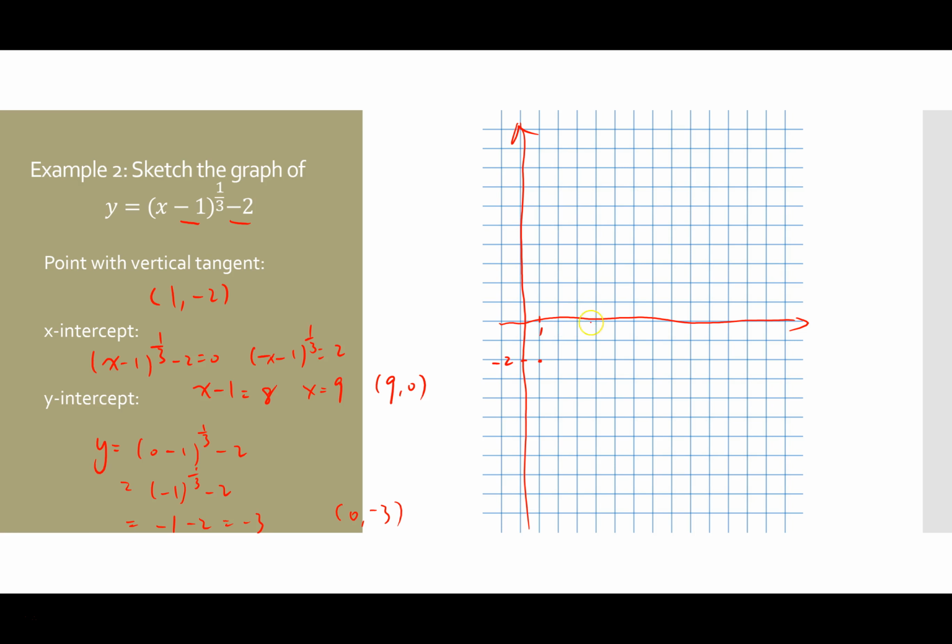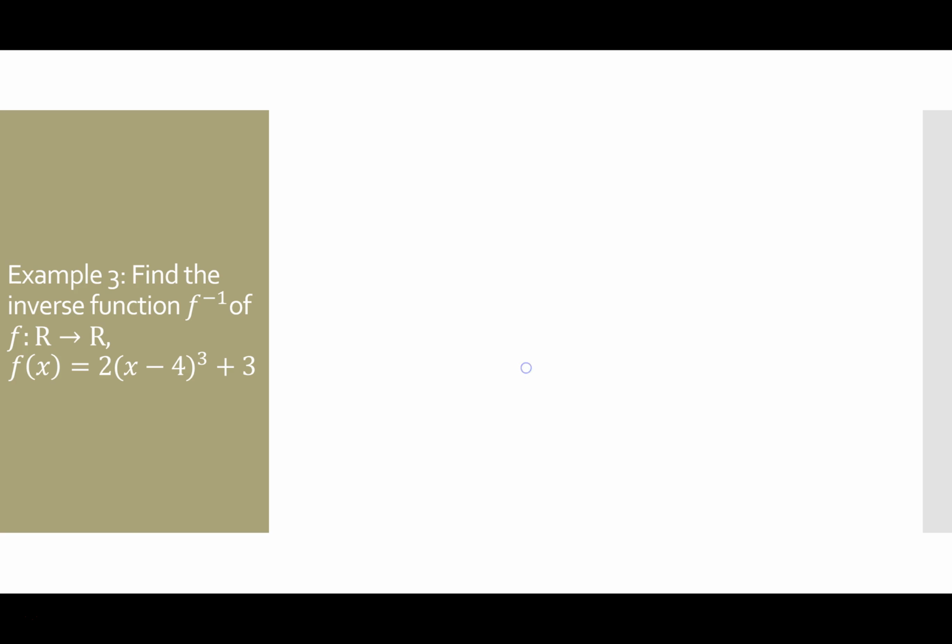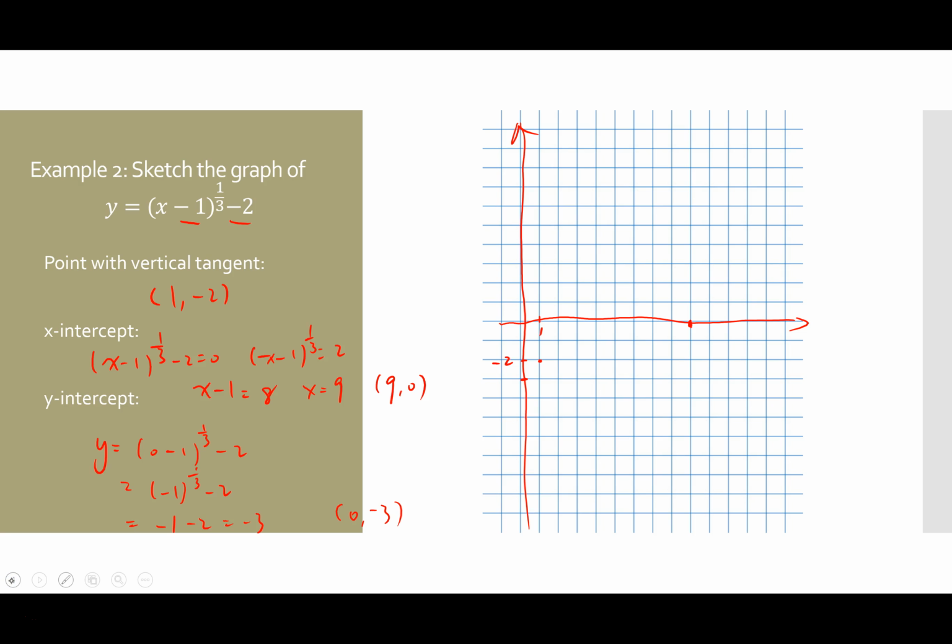So 1, 2, 3, 4, 5, 6, 7, 8, 9. So it'll be here. And then you've got your y-intercept at (0, -3), so it'll be here. All right. And then you will be able to sketch the graph. And do it slowly.